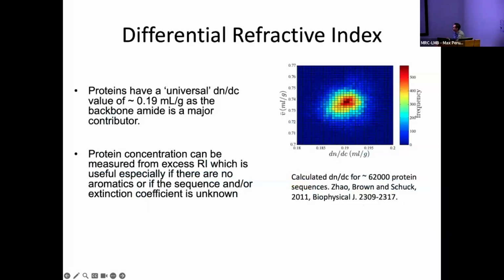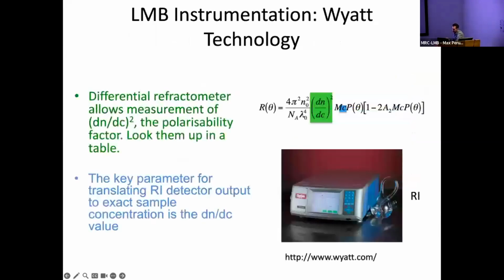So the advantage of this is that we can measure protein concentrations from the refractive index. It is useful because often protein concentration is measured by aromatics, which can be hard to measure. So we can do it independently. The difference in refractive index between what's in the sample and what's in the solvent is directly proportional to the concentration in the sample.